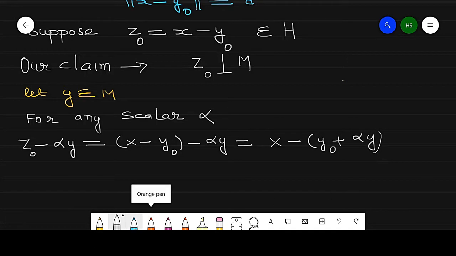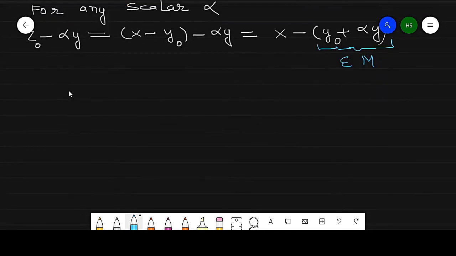So now y naught belongs to M, y belongs to M, and M is a subspace, so this total vector y naught plus alpha y belongs to M. That is by definition of the subspace M. Also we know the definition of D. So what is D?